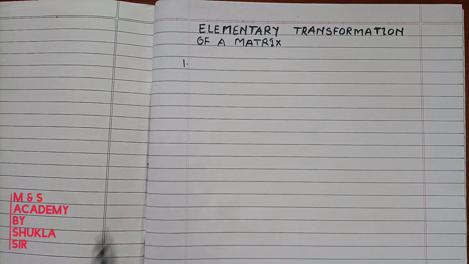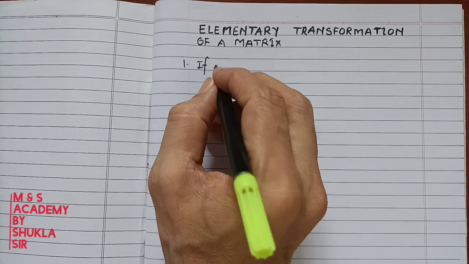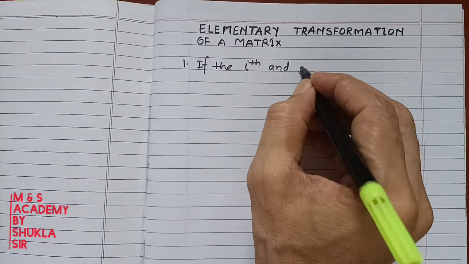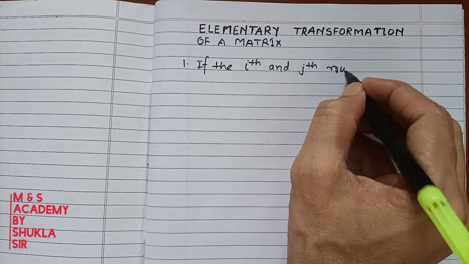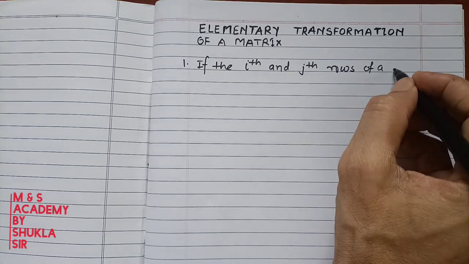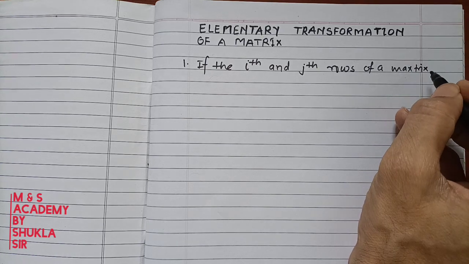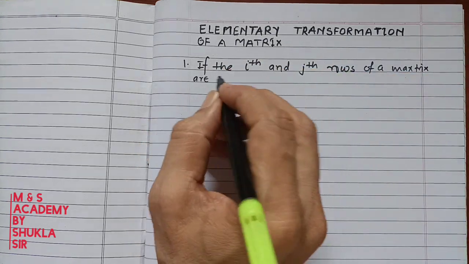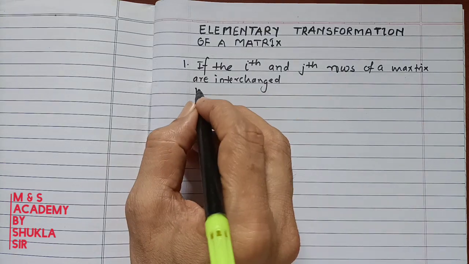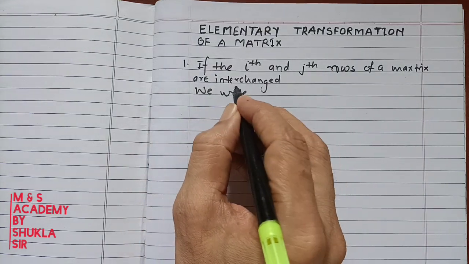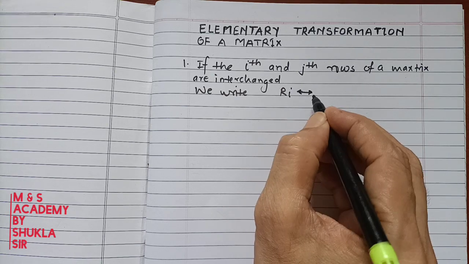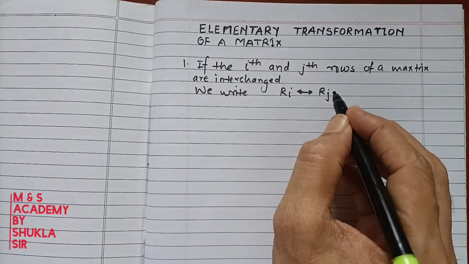First point, if the ith and jth rows of a matrix are interchanged, we write Ri interchange Rj.